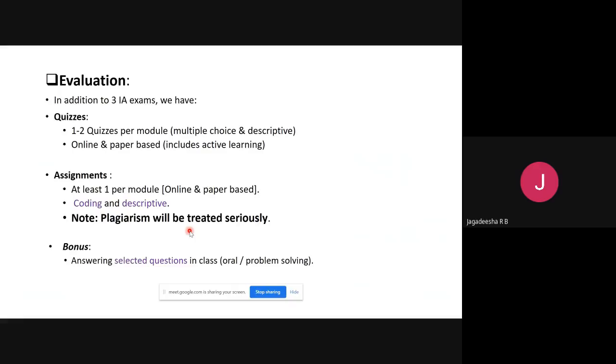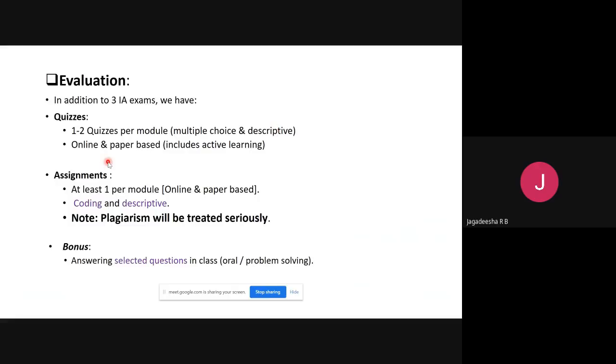Next, regarding the evaluation. As you all know, we have 3 internal exams. Apart from that, this course will have 1 to 2 quizzes per module. Some of these quizzes may be multiple choice, where you need to pick the right answer out of multiple choices, or some of the quizzes may be descriptive, where you need to describe or explain some of the concepts.